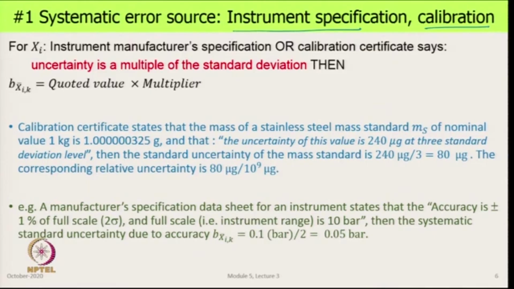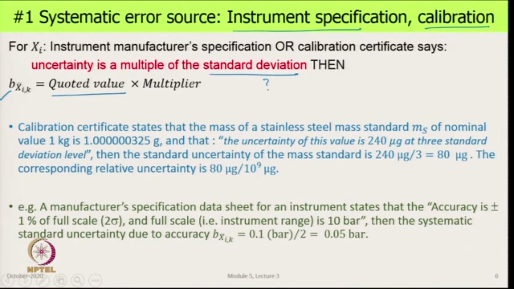That means the manufacturer specification or the calibration certificate says uncertainty is a certain multiple of the standard deviation, which means that in this case whatever is the quoted value of the calibration error or the accuracy, that multiplied by the multiplier corresponding to this standard deviation gives us B x i bar comma k.